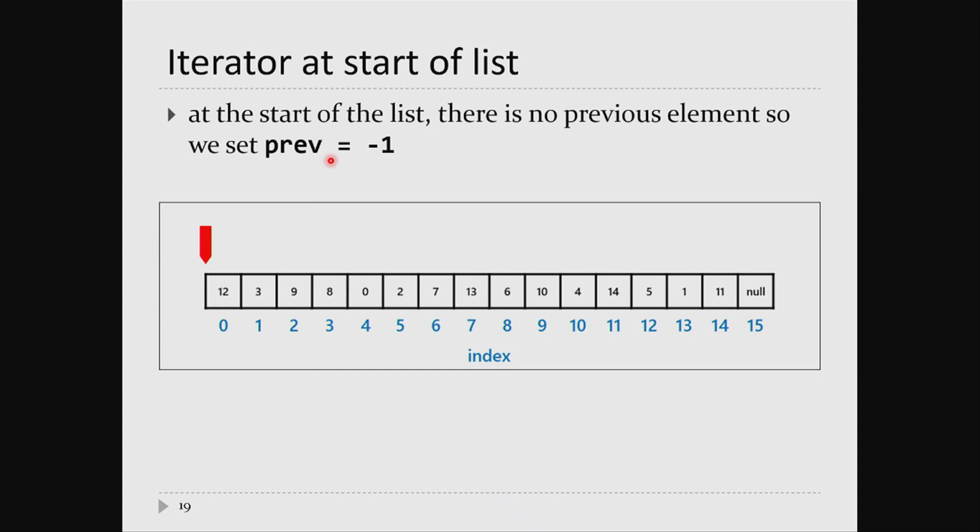Next will be the index 0. All right, any questions so far? Everybody got that straight? So previous is the index of the element that was last returned by next, or -1 if no element has been returned by next yet. Next is the index of the element that will be returned by the iterator when you call next.